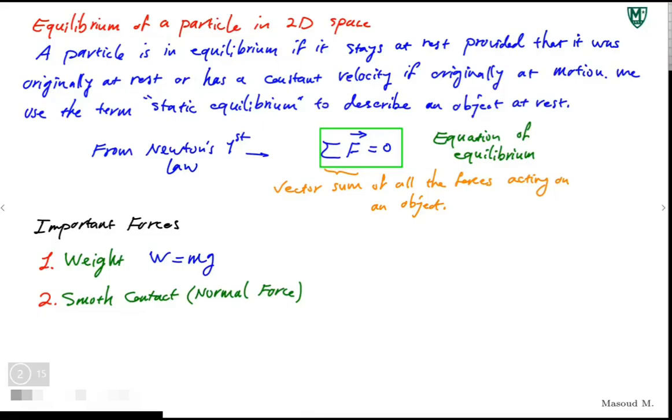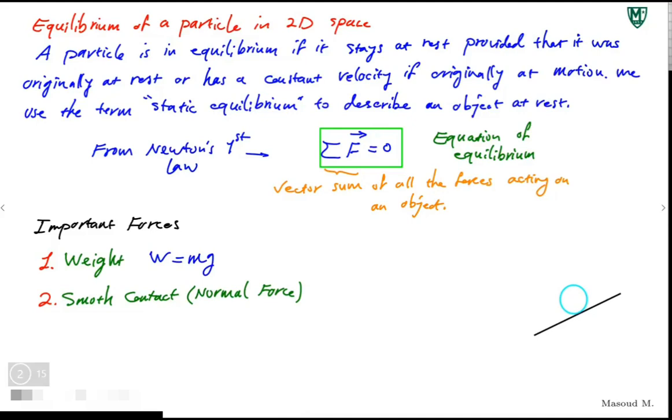So let's say we have a surface like this. Intentionally I'm going to draw it at an angle instead of straight, and let's say we have an object sitting on it. I'll take it as a wheel, something circular.